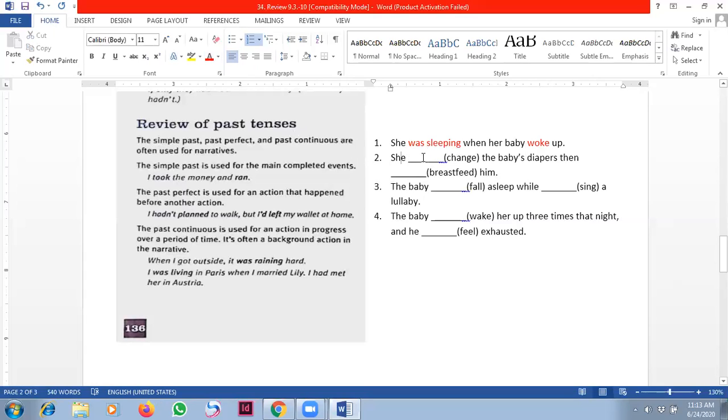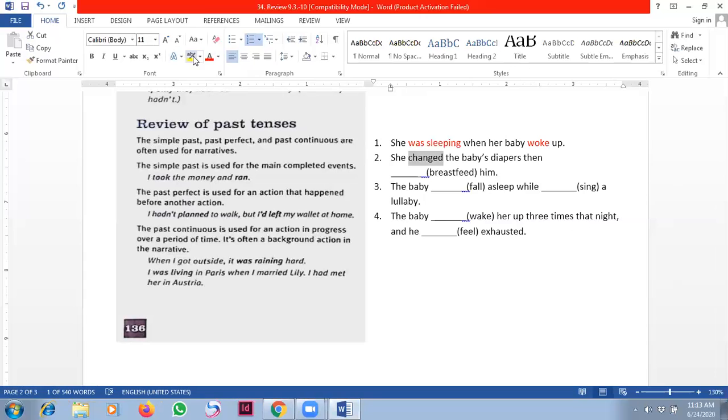Number 2: She changed the baby's diapers, then breastfeed him. So this is 1, 2, 3. It's all past tense, no interruption. She changed, and then finished.